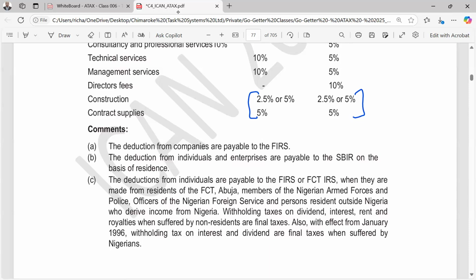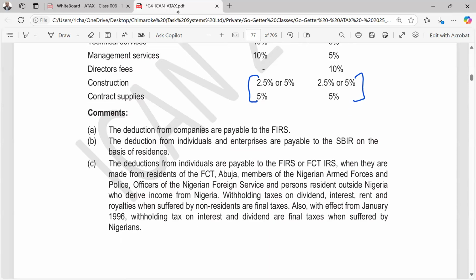Comments. Deductions from companies are payable to FIRS. So if you are deducting from companies, you are paying to FIRS, while that of individuals are paid to State Board of Internal Revenue. Why? Because withholding tax is an advance of your personal income tax for individuals.